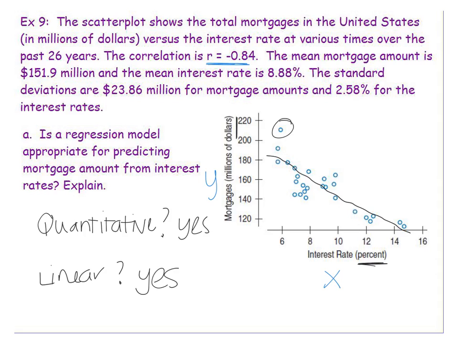But it says the mean mortgage amount is 151.9. That is a y measurement, and it's y bar. The mean interest rate is an x value, and it's x bar. For the standard deviations, the mortgage one is s sub y, and the interest rate one is s sub x, because we will need all of those when we flip the page.